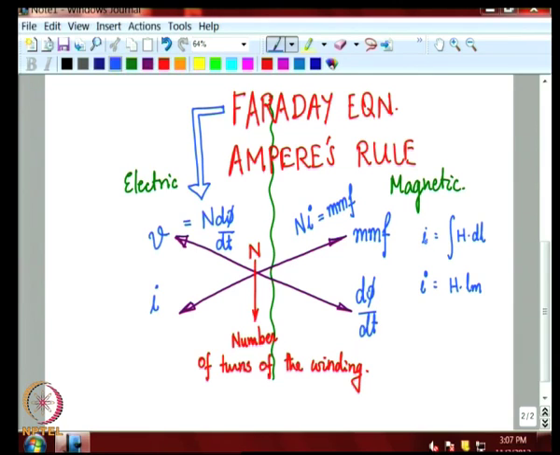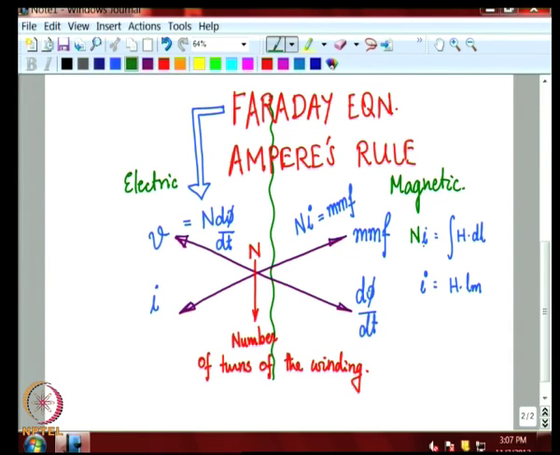Now, if there are many turns, the force within the core is a cumulative effect of all the turns, and therefore, the N comes into the picture.